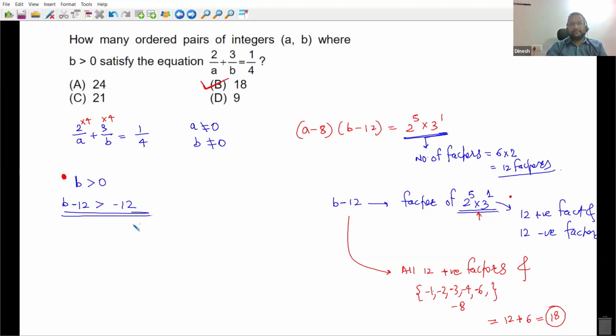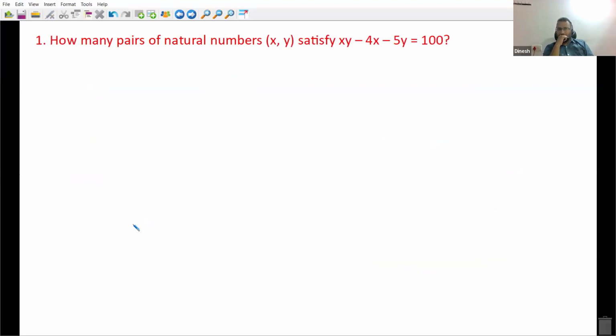After this, the similar kind of question, but one step less. Let's have a look at it. The question is, the next type of question, everyone: how many pairs of natural numbers x comma y satisfy the given condition?